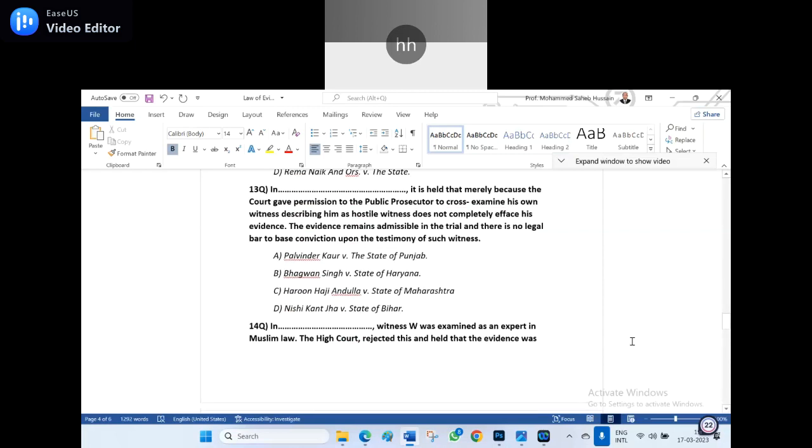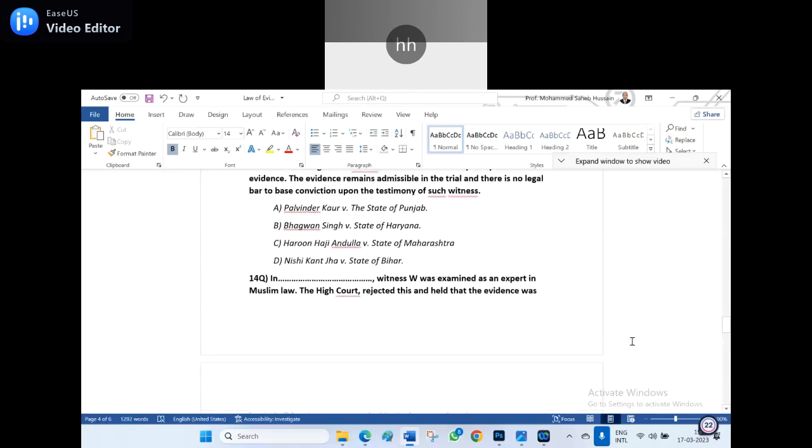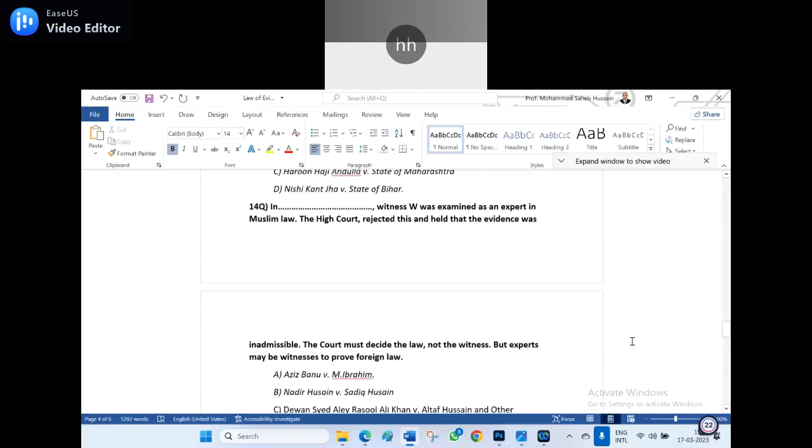Now 14th question. In dash, witness W was examined as an expert in Muslim law. The High Court rejected this and held that the evidence was inadmissible. The court must decide the law, not the witness. I repeat, the court must decide the law, not the witness.